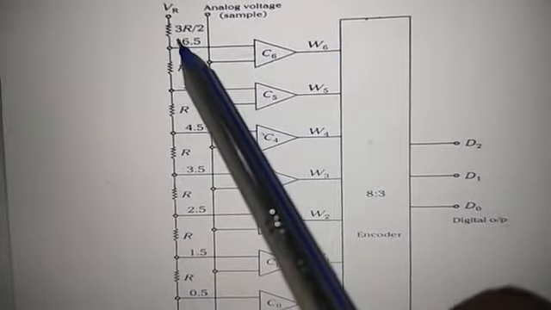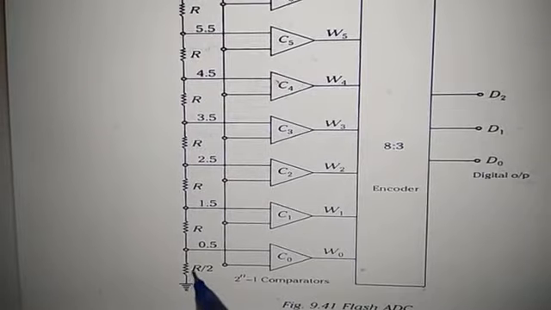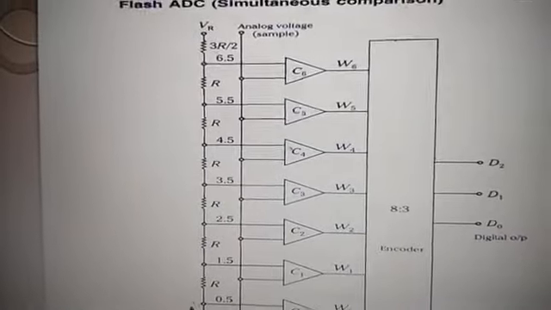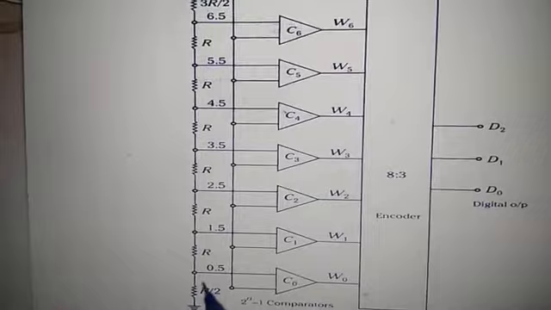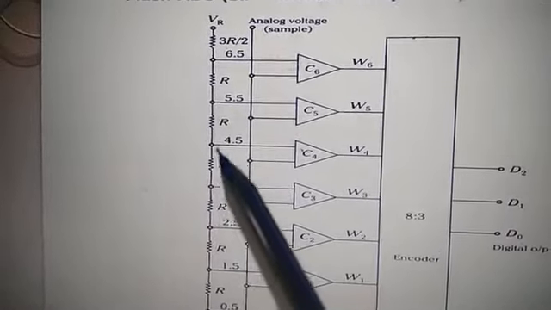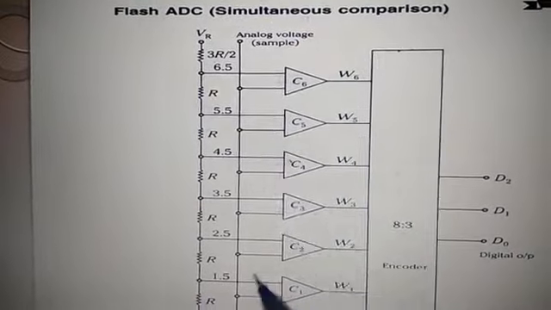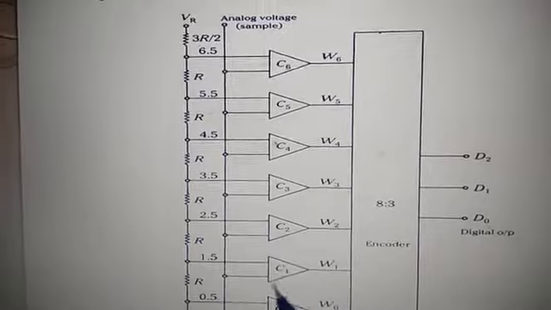Last resistance is 3R by 2 and the first ground resistance here is R by 2 and all other resistances are R. So you can have the values here 0.5, 1.5, 2.5, 3.5, 4.5, 5.5, 6.5. The other inputs will be connected to this analog voltage.